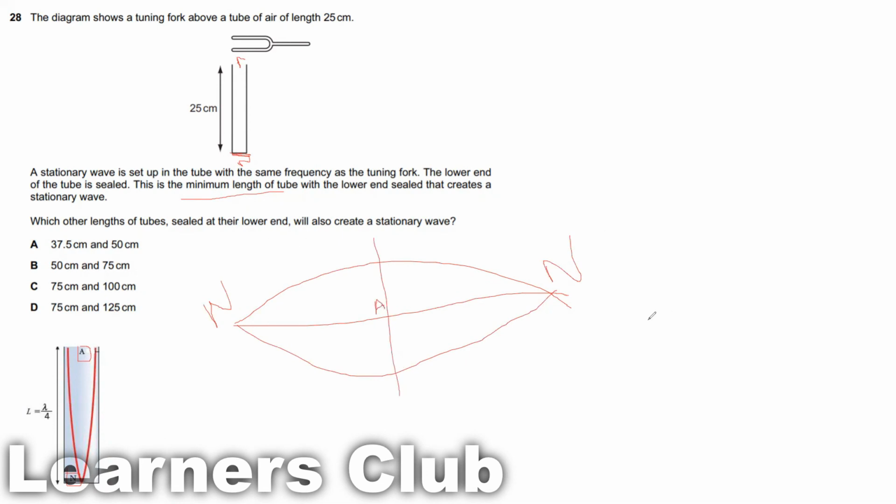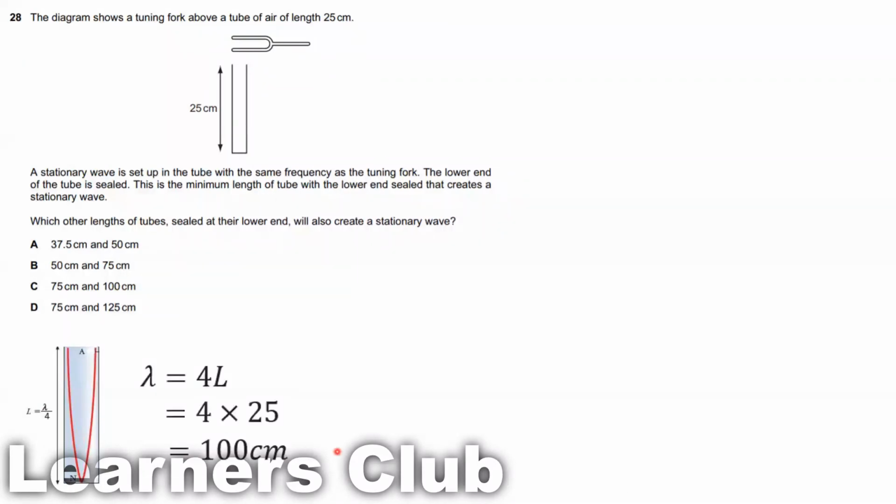So this is half of the half lambda. So node to antinode is lambda by 4. So this 25 centimeter corresponds to lambda by 4. So we know now that lambda is equal to 4 into length. Our length is 25 centimeter, into 4 will give me 100 centimeter.